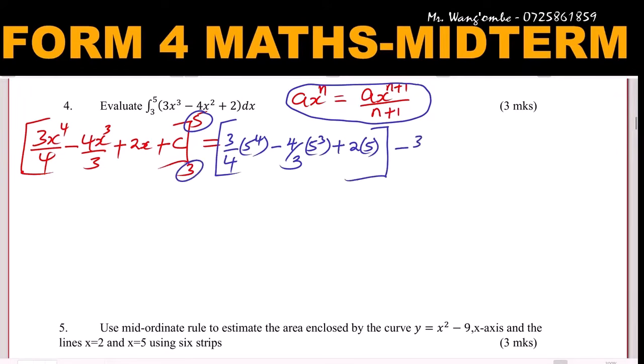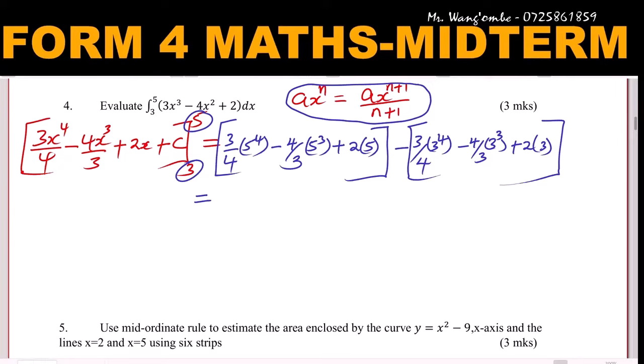So 3 quarters x raised to power 4, that is 3 raised to power 4. Subtract 4 thirds x cubed, so that will be 3 cubed. Then plus 2x, x is 3, like that.